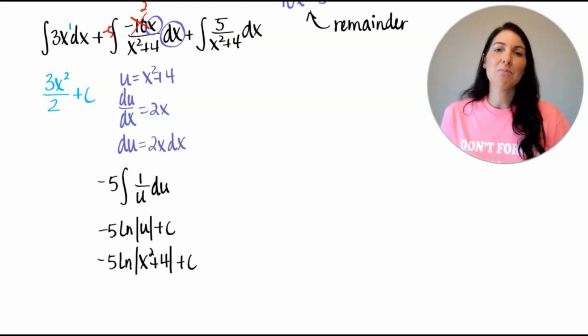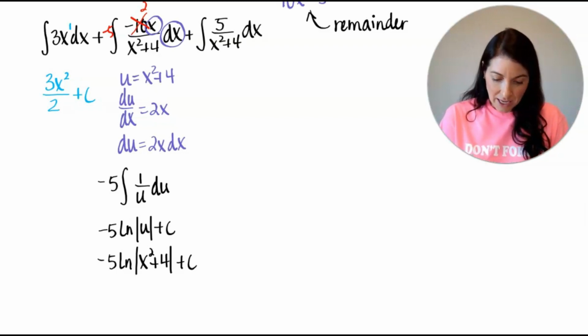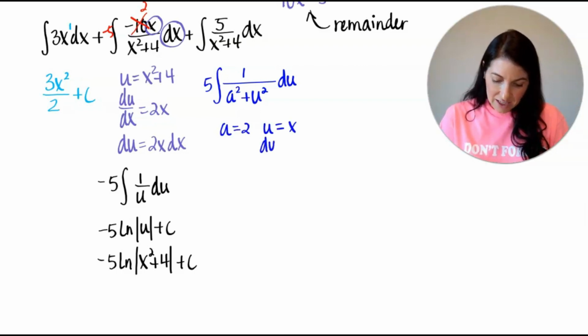So this is going to be an integral that produces arctangent, because I can write this integral as 5 times the integral of 1 over a squared plus u squared du if I make the a value be 2 and the u value be x, and du dx is 1, or du is dx.